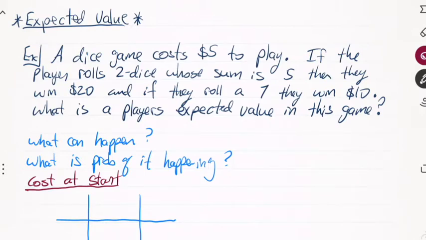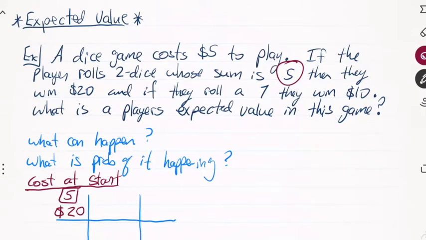If I take care of the cost at the start, then what can happen is a person can play this game if they roll a 5 first. If they roll a 5, then they are going to win $20. But if I'm going to take care of the cost at the start, they already paid $5 for this game. So when they do win the $20, they're really not getting $20 as winnings.